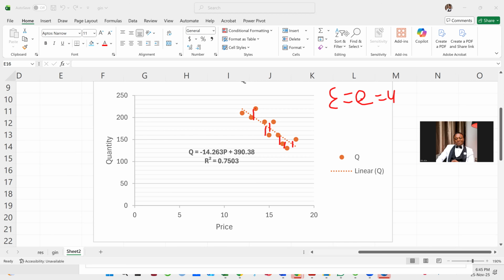So the first thing you do is that you square them. You square each of the errors so that when you square them, the negatives become positive. The second thing is after you square the errors, you will sum them together. After summing them together, the third thing you will do is you will minimize this error sum of squares.